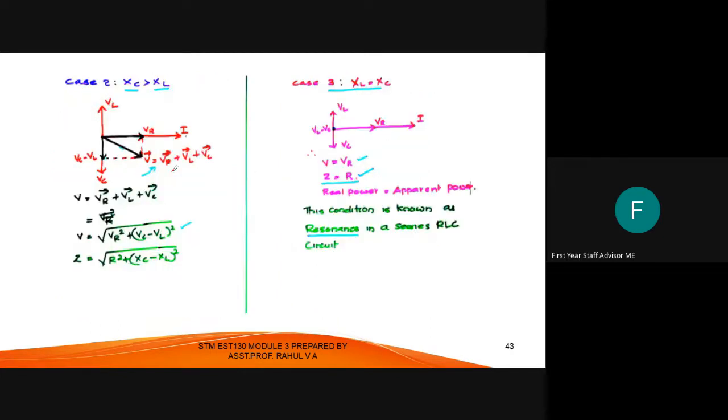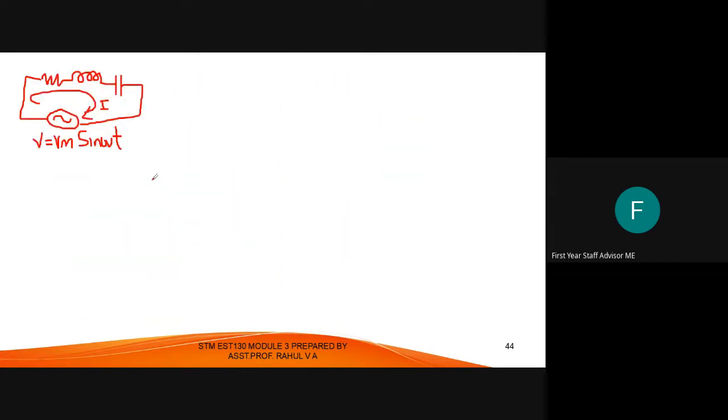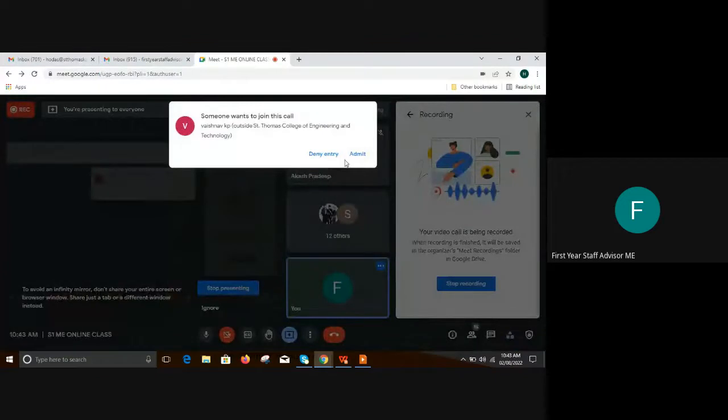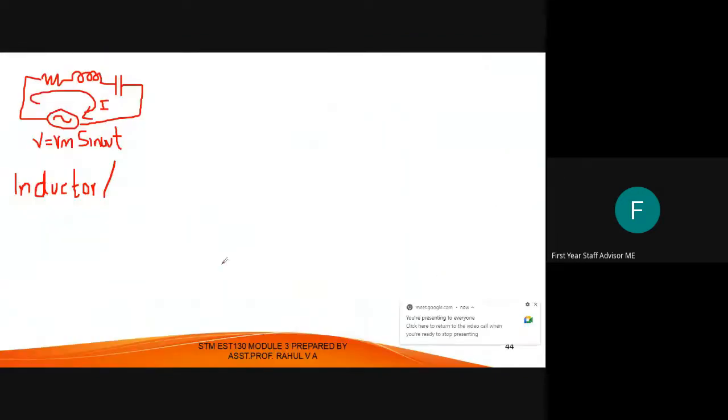Before that, I should say that because of the property of inductor and capacitor, as I said earlier, the inductor and capacitor are opposite to each other. Since both are opposite, they cancel each other's effect.